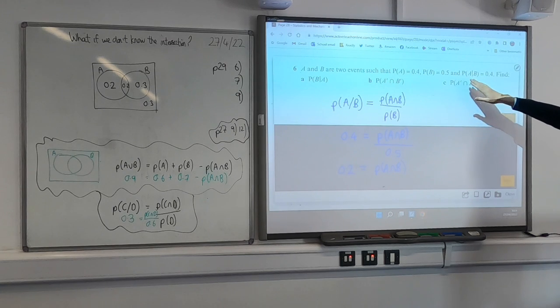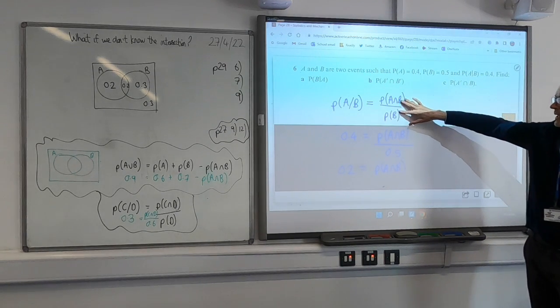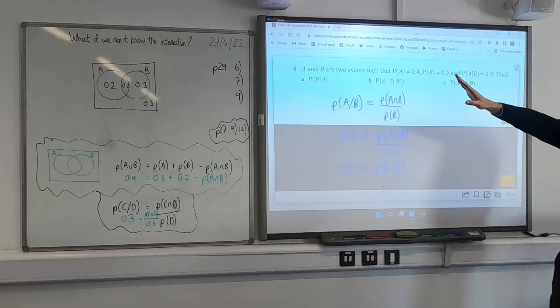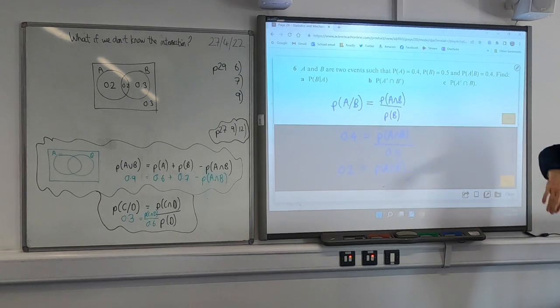So I was given A given B, so I wrote the formula for A given B, plugged in what I knew and used that to work out the intersection. Then I'm off to the races, I can draw my Venn diagram.